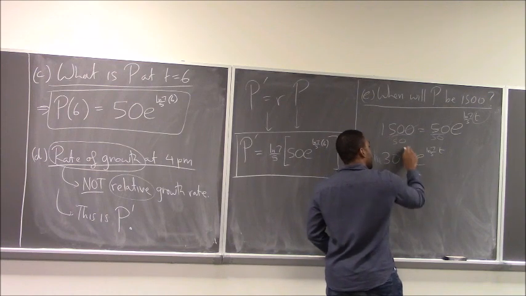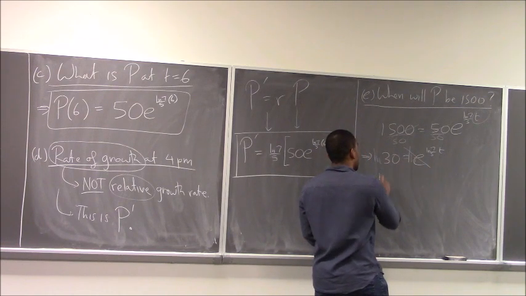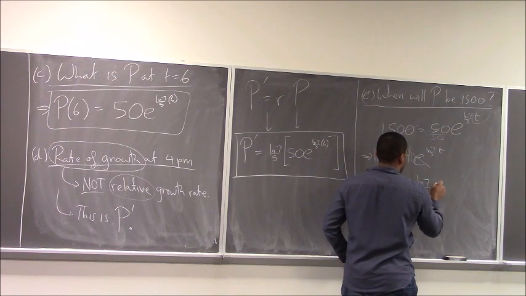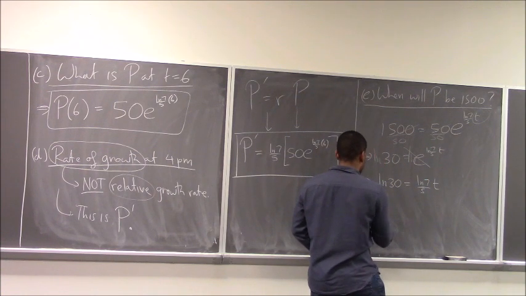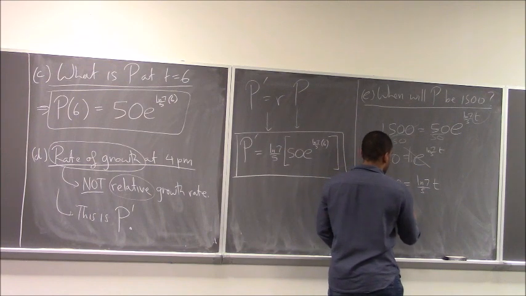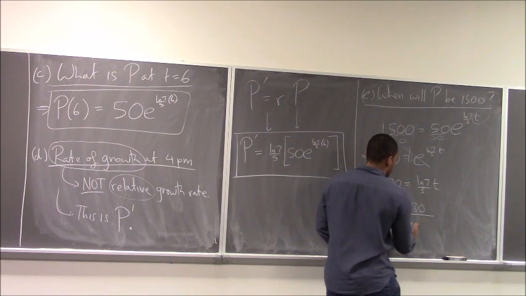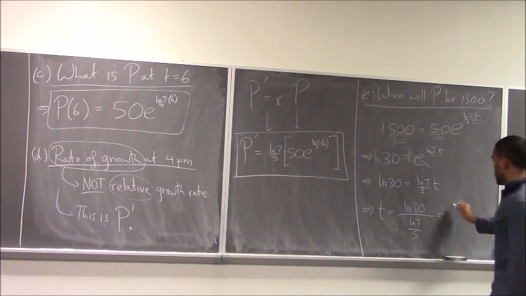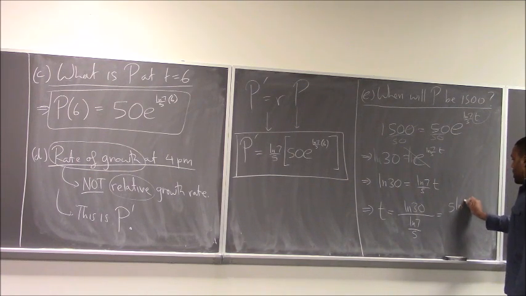Of course, here we know we can take ln of both sides to get rid of that. ln of 30 is equal to ln of 7 over 5 t, which means my t value is going to be ln of 30 divided by ln of 7 over 5. Or I can write that as 5 ln of 30 divided by ln of 7.